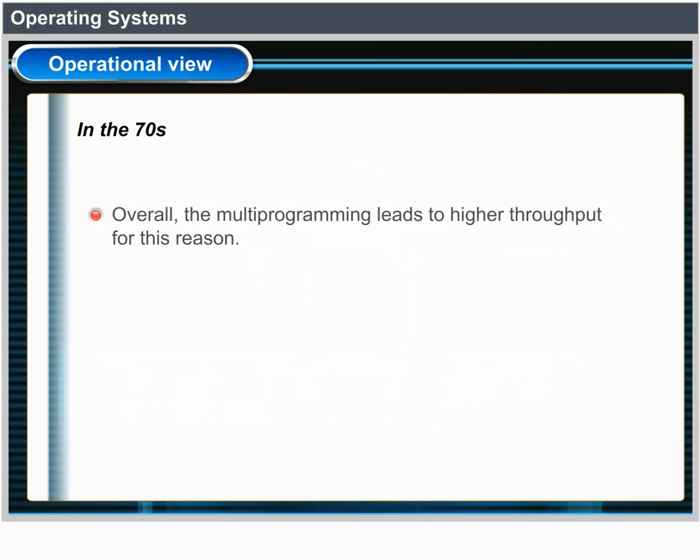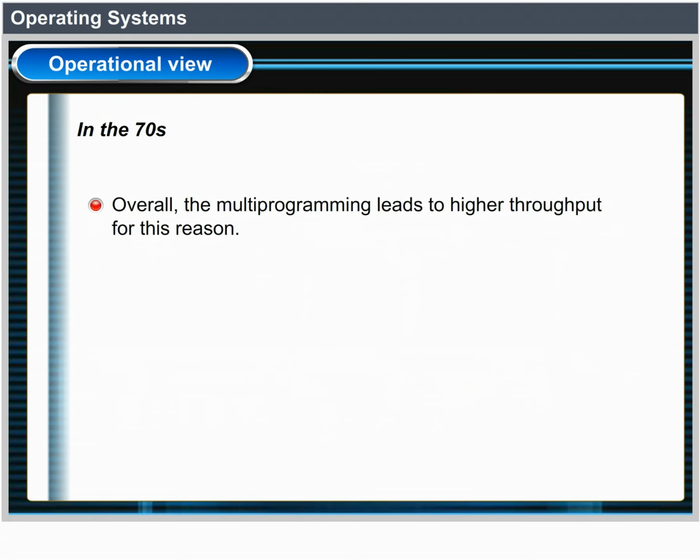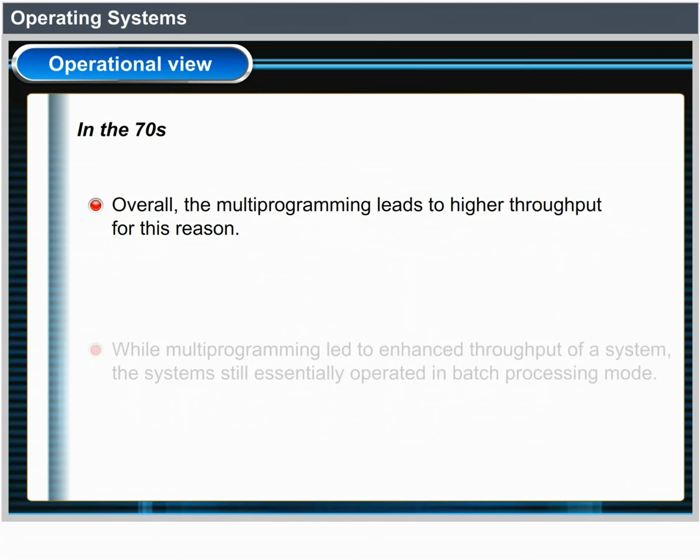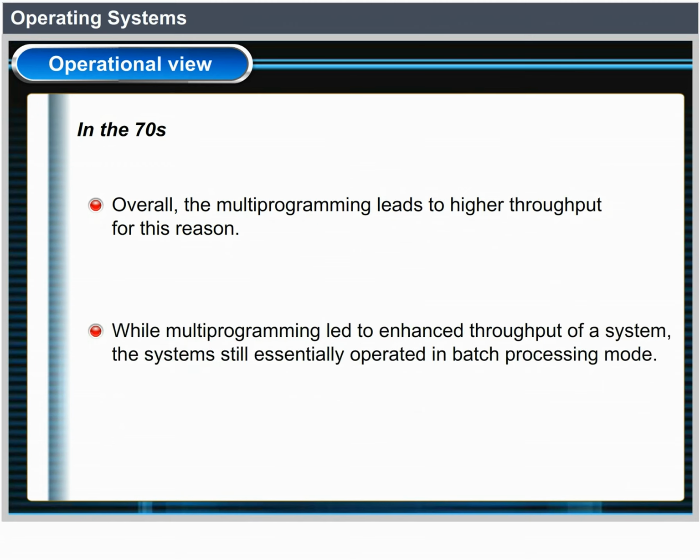Overall, multiprogramming leads to higher throughput for this reason. While multiprogramming did lead to enhanced throughput of a system, the systems still essentially operated in batch processing mode.